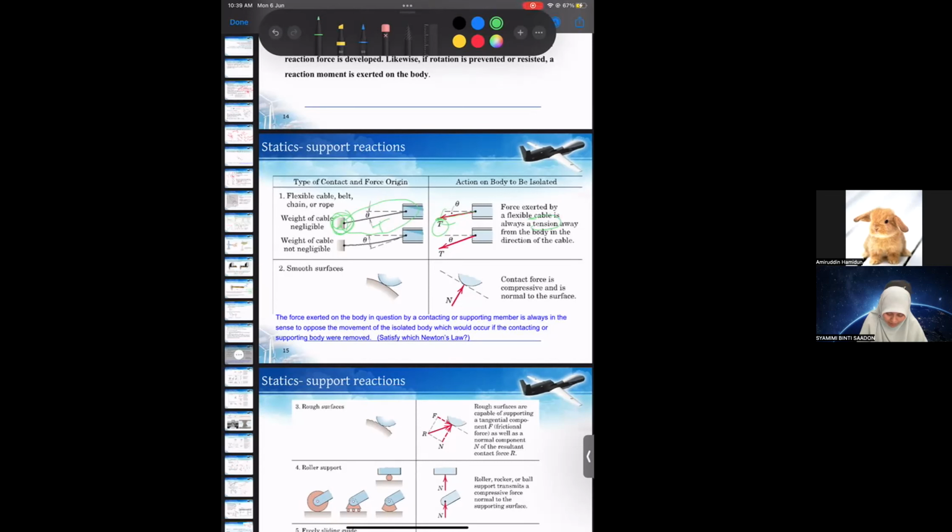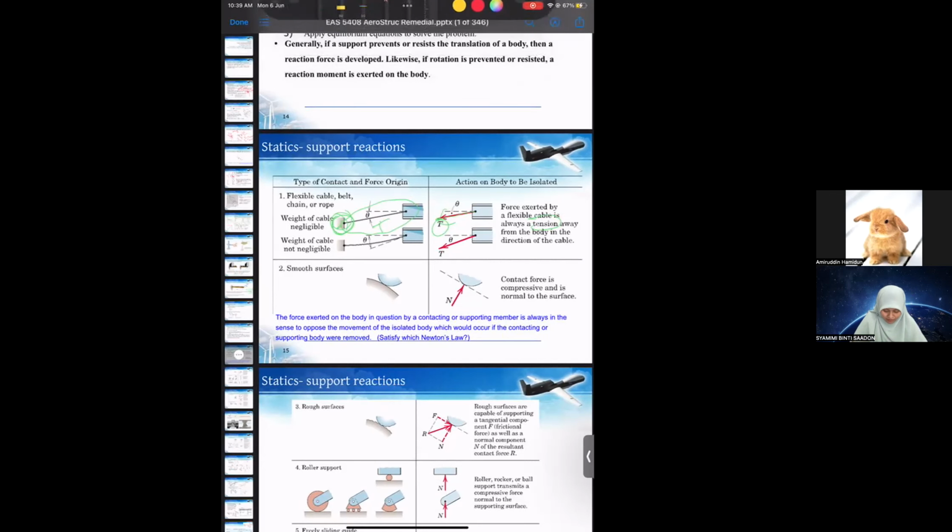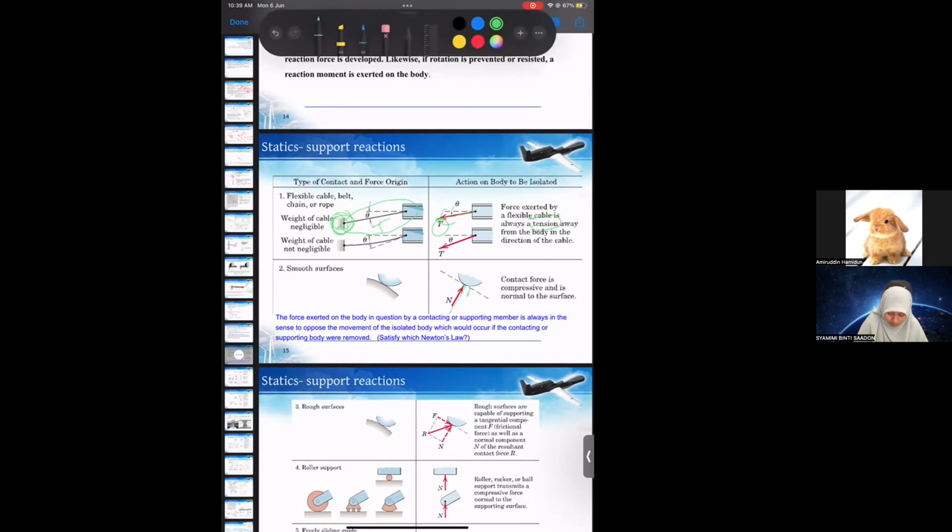Second example, if you have a smooth surface like this, even though it's a smooth surface, there is actually a force at the contact. There is a force exerting in the normal direction to the surface of the contact.